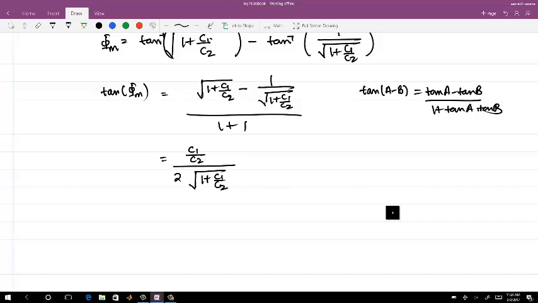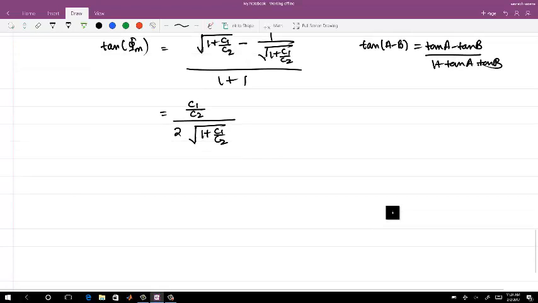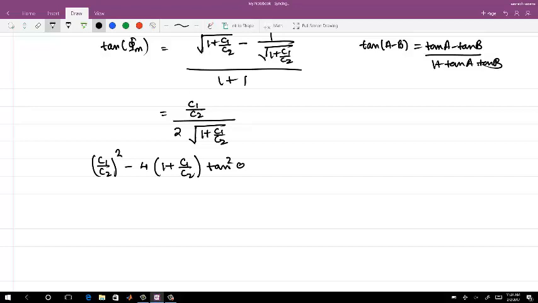Now you can take the square and do all the maths. So what you have is c1 by c2 whole square minus 4 into 1 plus c1 by c2 times tan square of phi m goes to 0.